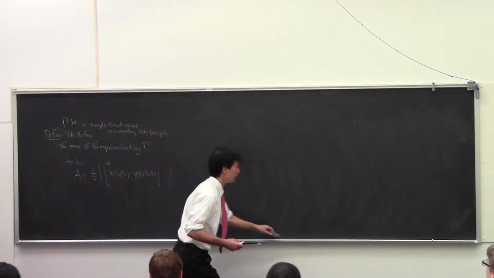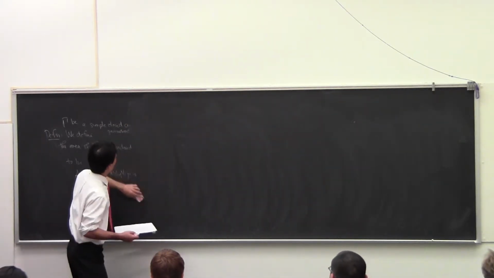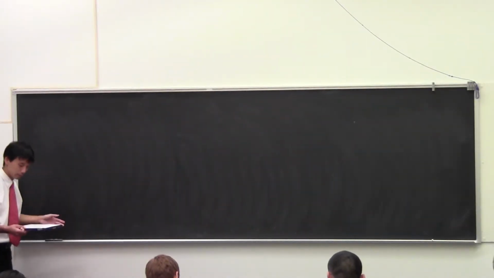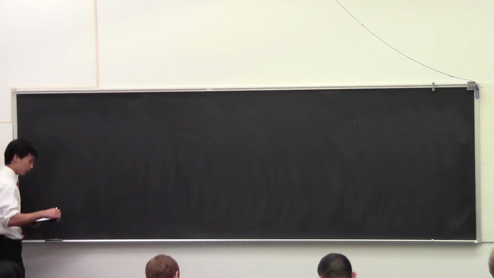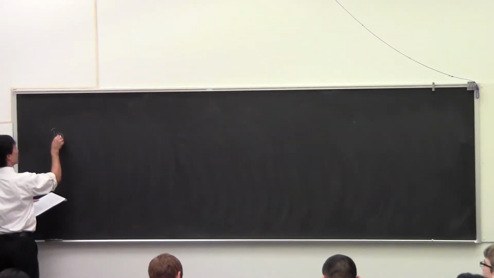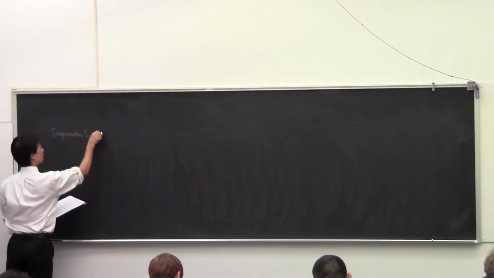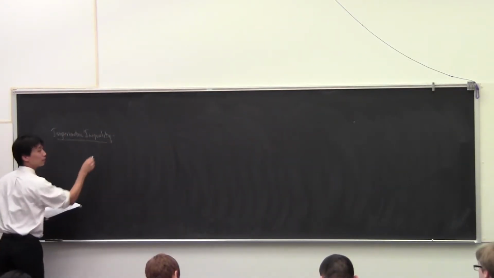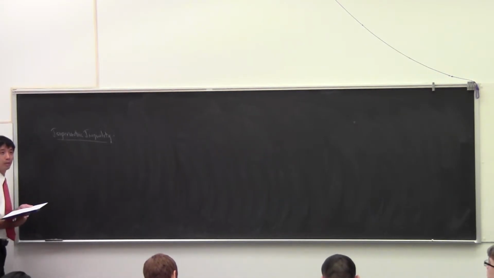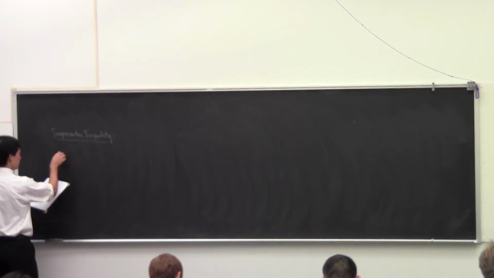Okay, so that's the end of the review. Knowledge that you should have should be familiar to you already. So now let's go to the isoperimetric inequality. Okay, so here's the theorem.